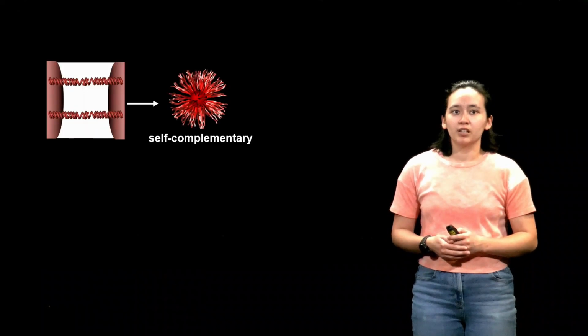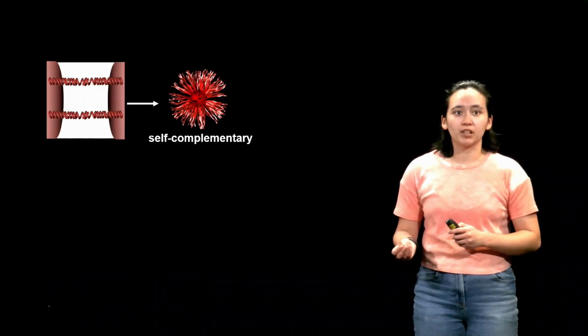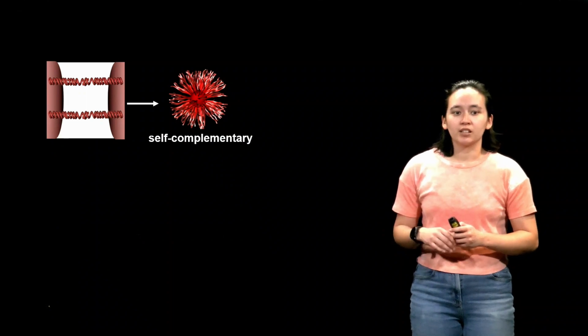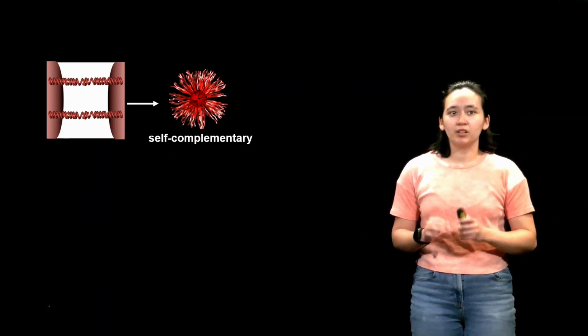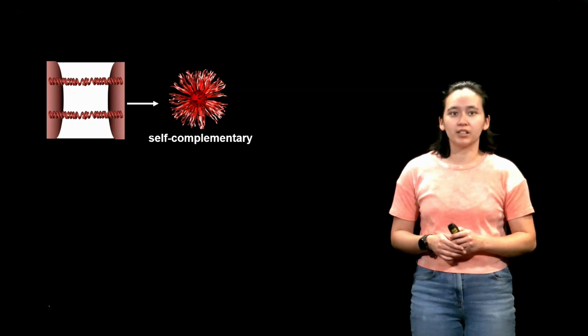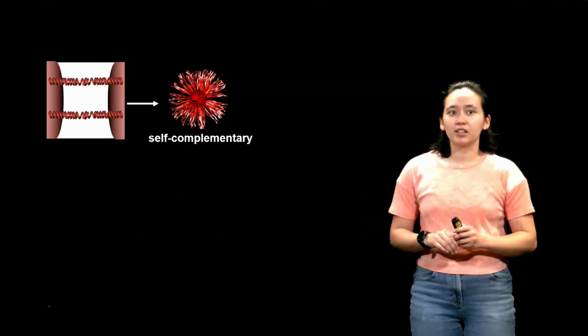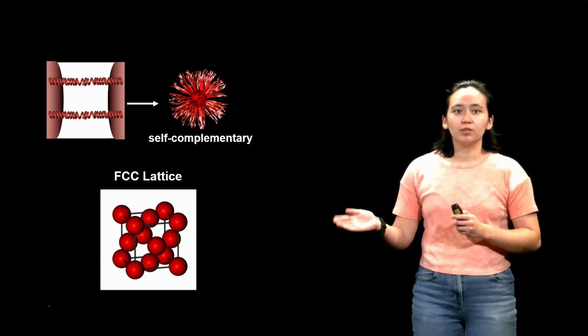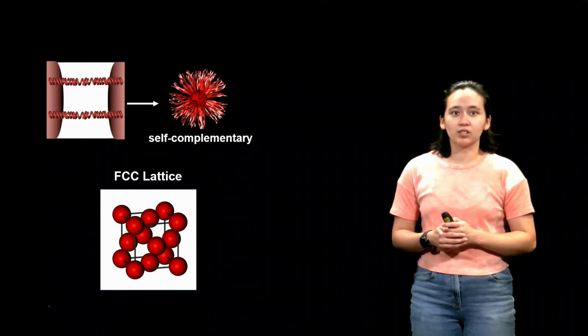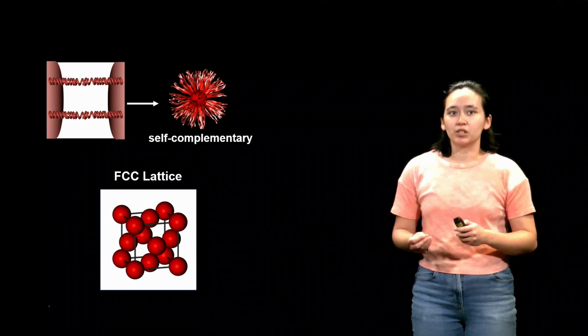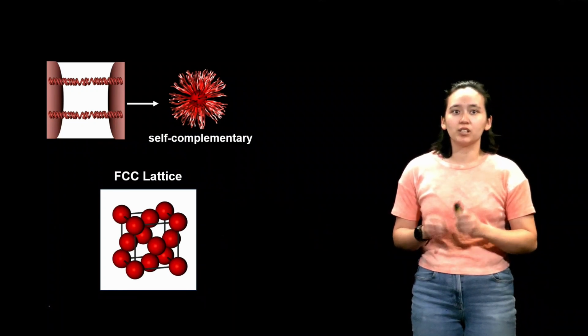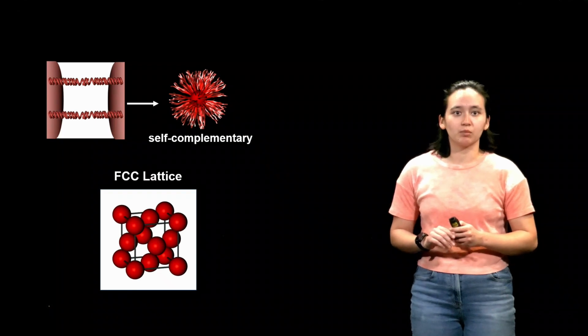Imagine a system consists of one type of spherical PAE, all the same size and all modified with the same type and number of self-complementary DNA, an AA system. In this case, the PAEs bind to those that are like themselves, and we observe the assembly of a face-centered cubic, or FCC crystal lattice, because this arrangement maximizes the number of DNA linkages between particles of this type.